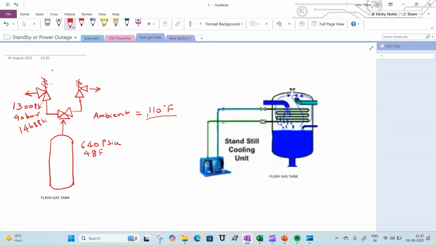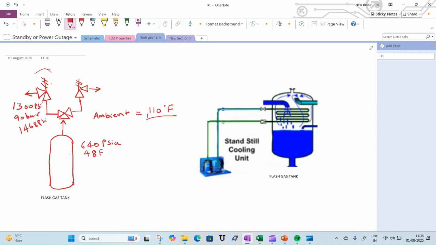Now, one of the very important things to consider is that on this flash gas tank receiver, there should be a relief valve for conditions like this, where the ambient temperature is high and the pressure goes up to more than 1300 psi.